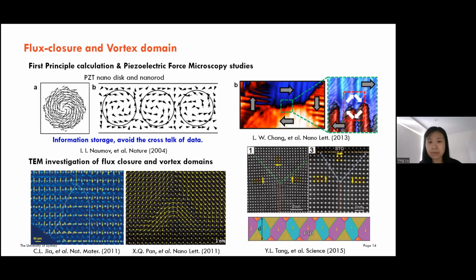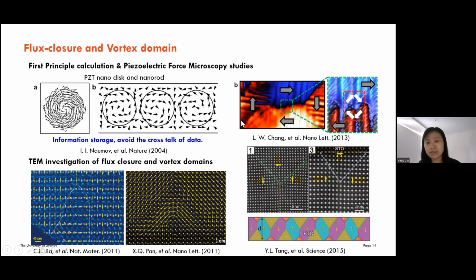At the beginning, people used first principle simulation methods to predict this kind of domains. For example, these two images use first principle simulation to predict the vortex domain pattern in the PZT nanodisk and the nanorod.